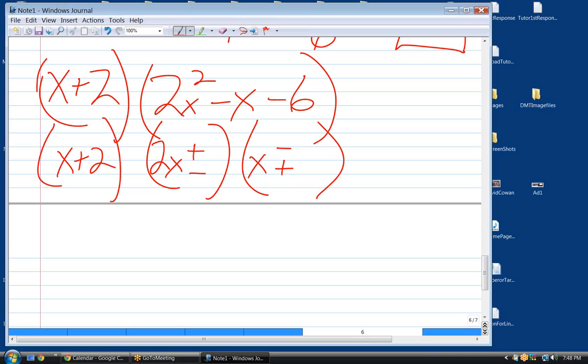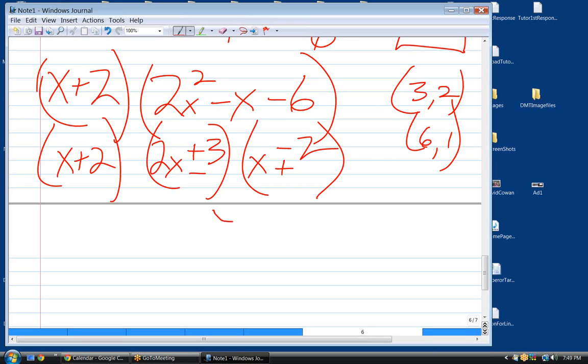Now, I need factors of 6, right? There are two sets of factors of 6: 3 and 2, and 6 and 1. Let's just try 3 and 2. Does that produce a minus x in the middle? How do I figure out what the middle term is?